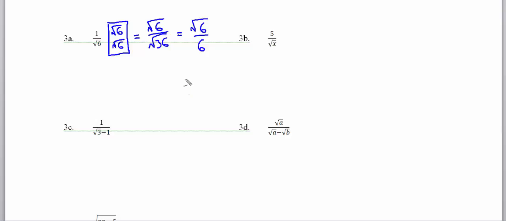So square roots are pretty simple. You can memorize the idea of just taking your denominator and multiplying it by itself. If it's a monomial, it doesn't actually work for part C and D, as you will see. But for monomials in square roots, it's pretty straightforward. You multiply top and bottom by that radical in the denominator, and now I have 5 square root of x over x, which gets the radical out of the denominator.